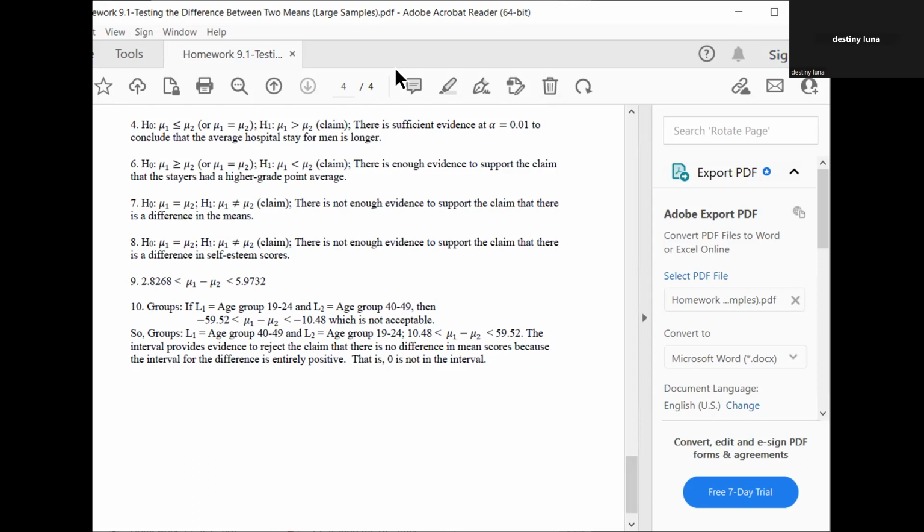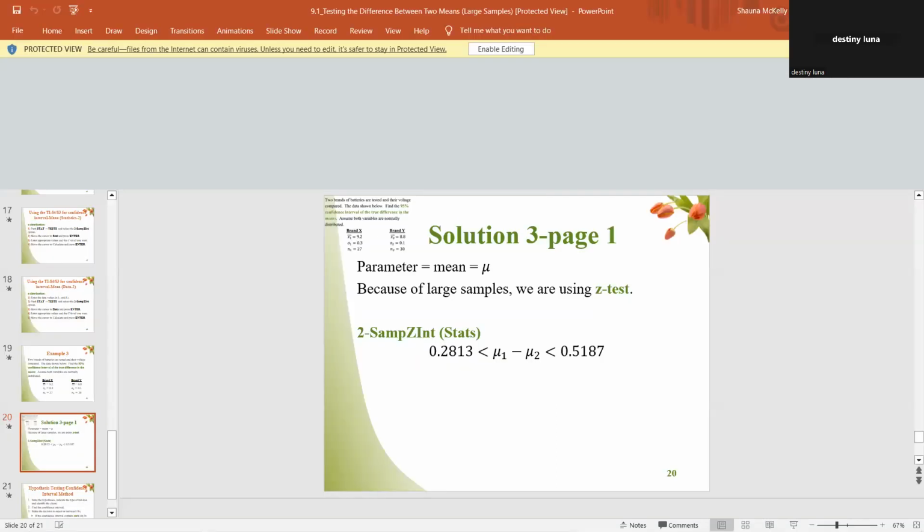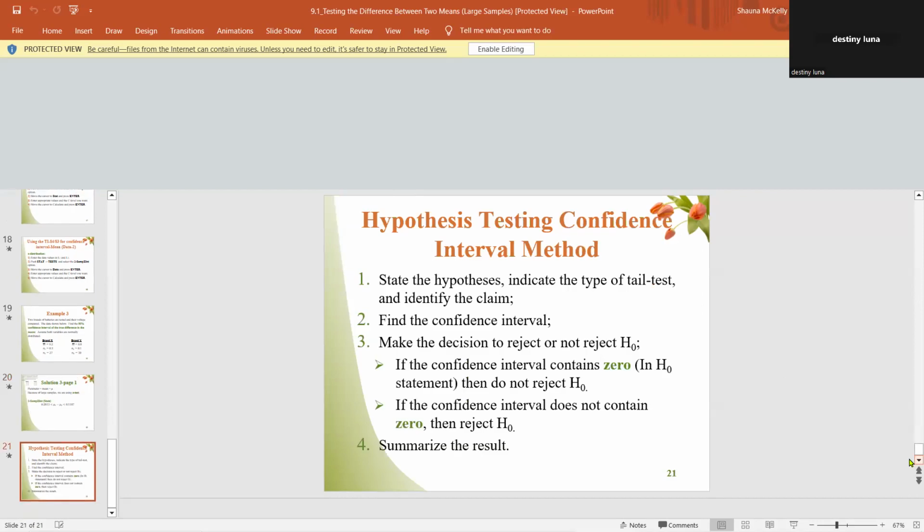But the point here, let me show you this, because this is in her last slide on the slides. So let me show you the slides here. So once you do your interval, this was a different interval, obviously, but what she's after here is this thing here.